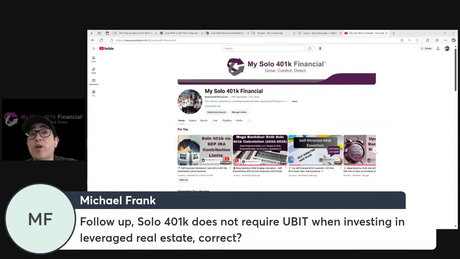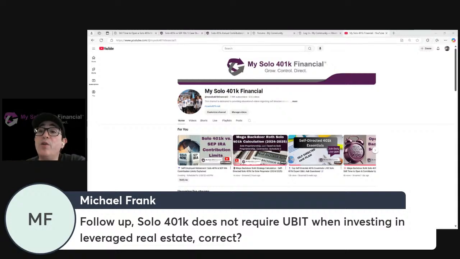The solo 401k owner or the IRA account holder cannot personally guarantee that loan. The only recourse, again, if the loan is not paid back, is to foreclose on the property, right? So that means that those non-recourse lenders are going to price those non-recourse loans differently, right? They're a lot of times going to want 50% down, for example.